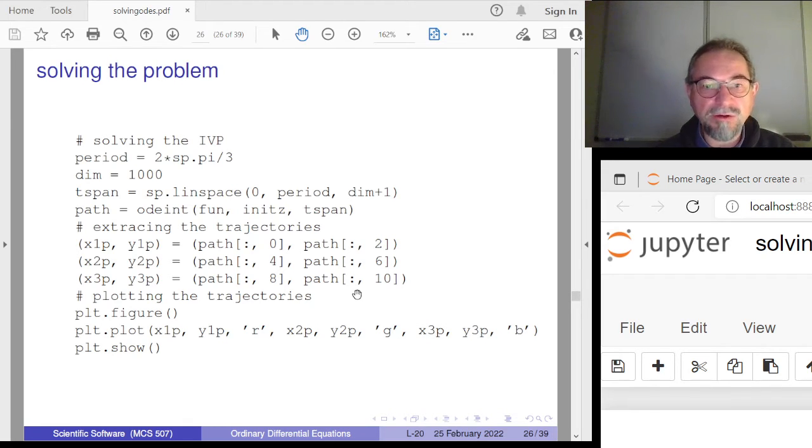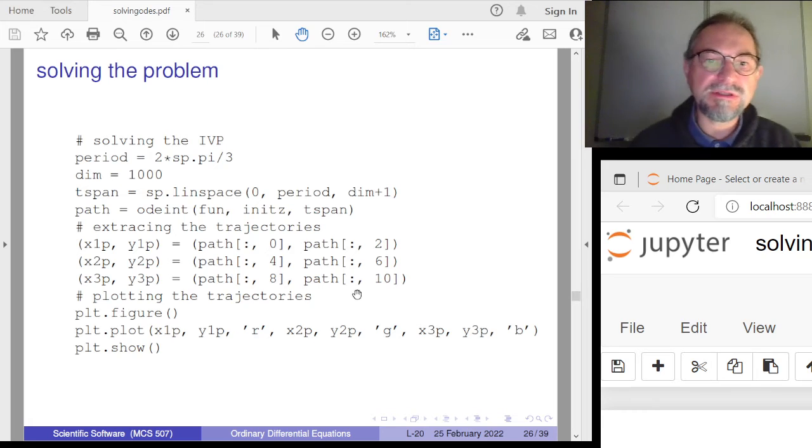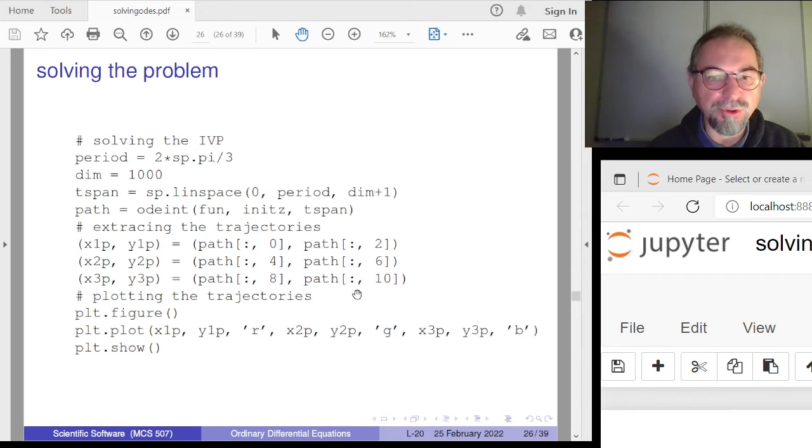And then we define how far we want to go, what is our time span, how much we want to see. And then from the solution of the ODEInt, we extract the corresponding coordinates for the positions. So here I'm skipping the velocities. I'm only plotting the trajectories.